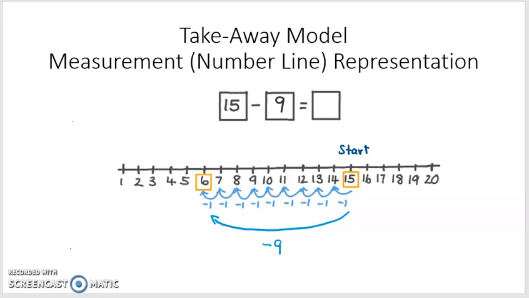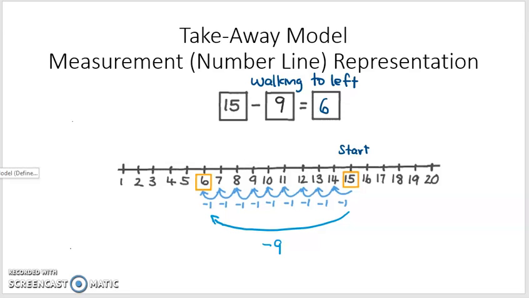When you subtract, you're walking to the left. So if I walk to the left 9 steps from 15, I arrive at 6. That implies that 15 minus 9 is 6.